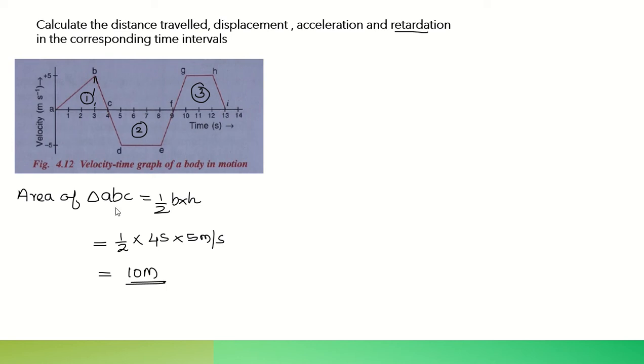Okay. Now we have the trapezium, right? So let's calculate the area of the trapezium CDEF. While we were deriving the equation of motion using the graphical method, we have seen the formula for the area of a trapezium, right?